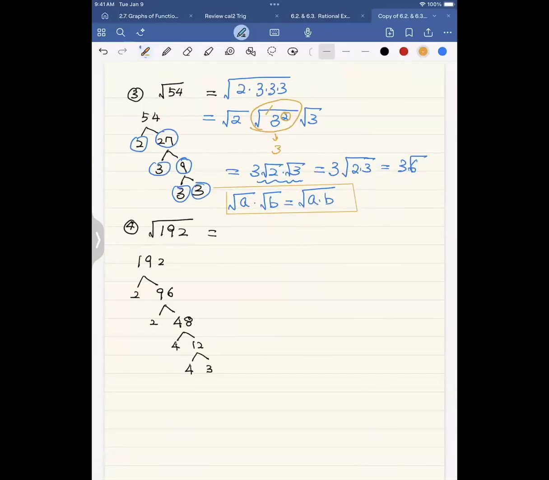Let's move on to the next problem. 192 is 2 times 96, and 96 is 2 times 48, and 48 is 4 times 12, and 12 is 4 times 3.